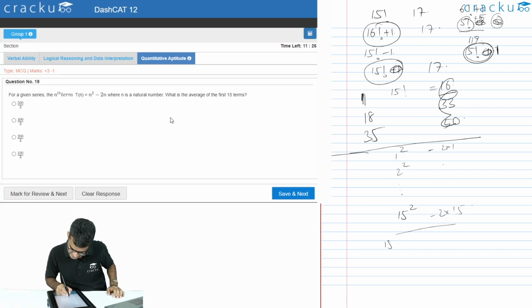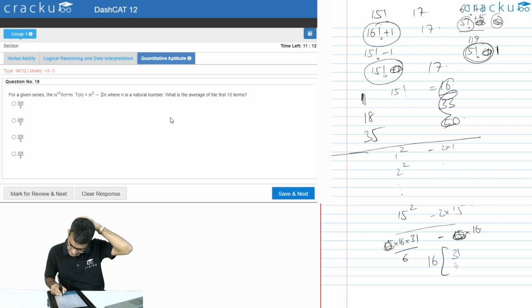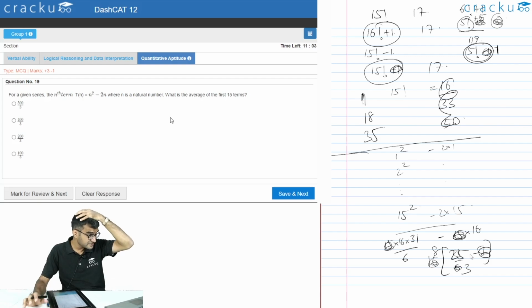So this is 15 into 16 into 31 by 6 minus 15 into 16. This is the sum. This is the average. Average is, if you remove 16, 31 by 6 minus 1. This is 25 by 6. 16 into 25 by 6, 8, and this is the 200 by 3.